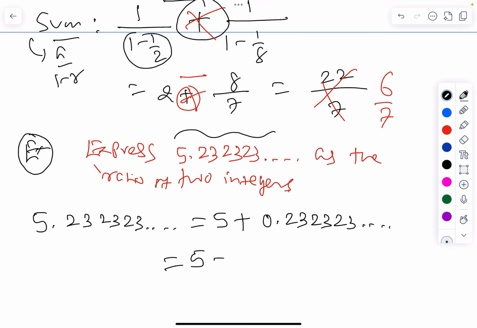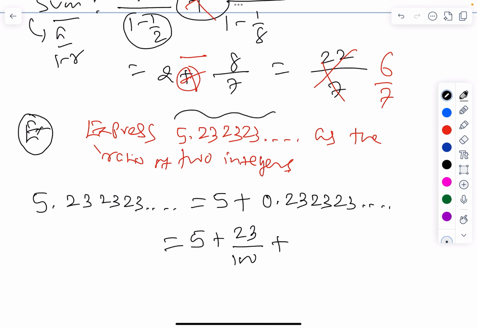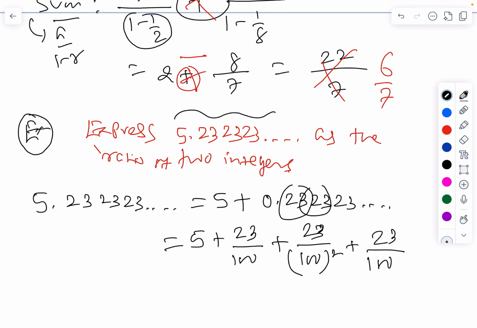Now can we write this as 23 by 100 plus 23 by 100 square, because then it is 0.0023, plus next 23 by 100 cube, and so on. Understood?